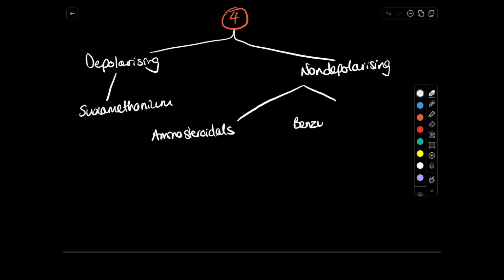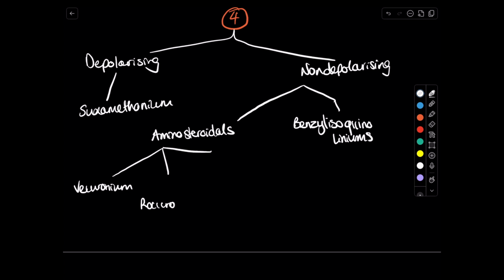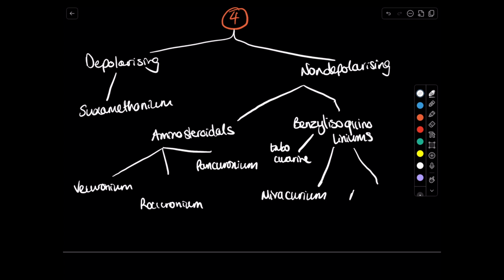This classification is based on the chemical structure of the drug. Within the aminosteroidal group, in the order of increasing duration of action, you have vecuronium, rocuronium, and pancuronium. In the benzylisoquinoliniums, there are 3: tubocurarine, which is rarely used nowadays, mivacurium, and atracurium, which also includes cisatracurium.